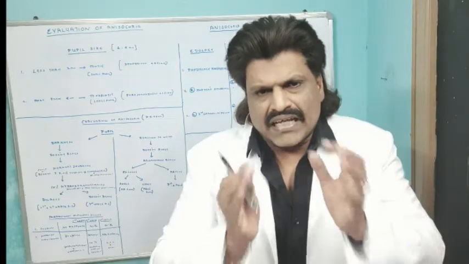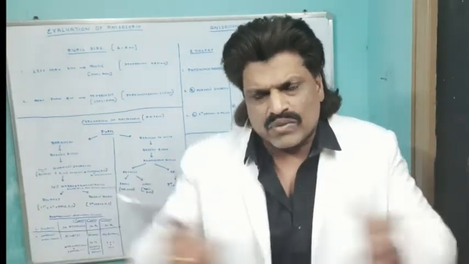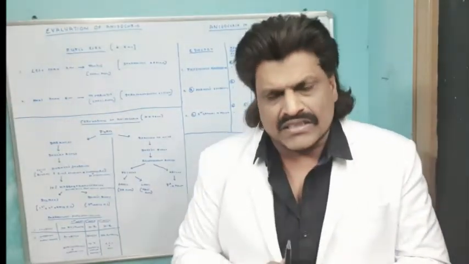So basically, in the evaluation of anisocoria, we see the reaction in darkness and to bright light. Now we are talking about the reaction in darkness, Horner's syndrome.